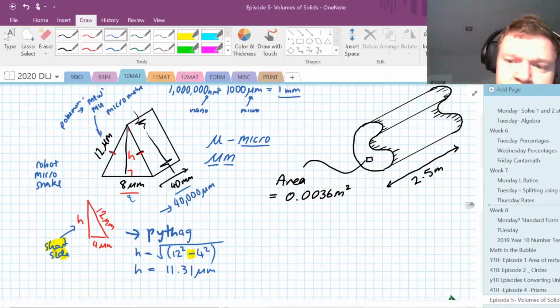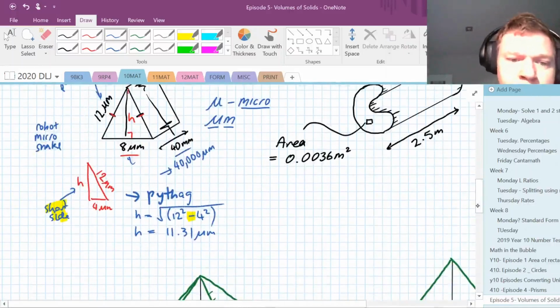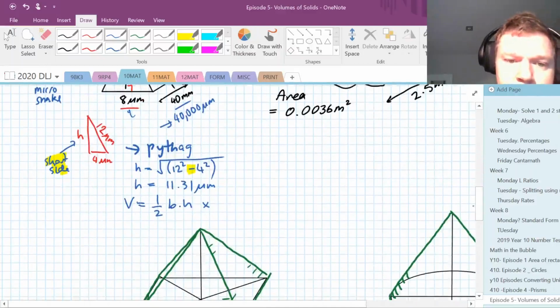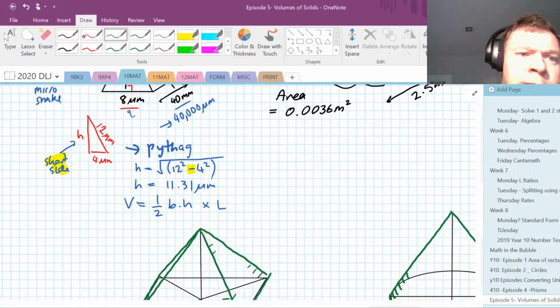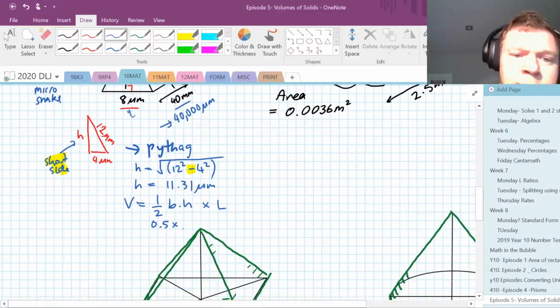So remember, for a prism, we want to do the volume equals half base times height times the length. So what we want to put into our calculator is 0.5, which is a half, times our base, which is 8, times our height, which is 11.31. We just worked that out.